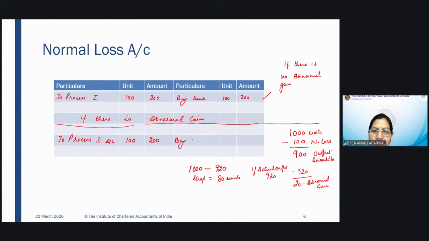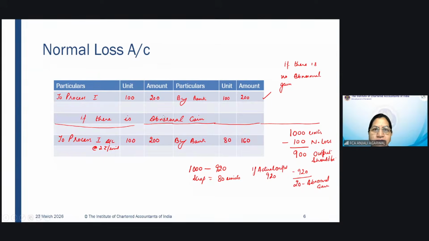However, when you are selling the scrap, you could only sell 80 units, and then at the rate of 2 rupee per unit, 80 units will only give you 160 rupees. So your normal loss account has not yet matched.